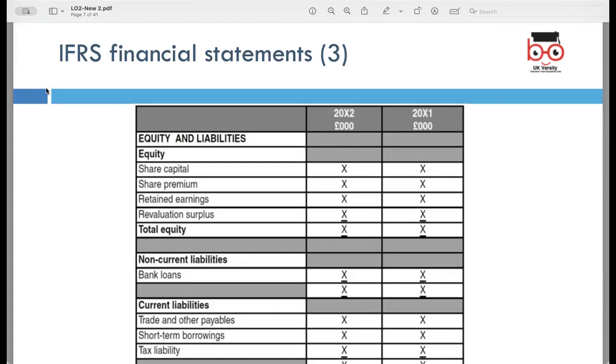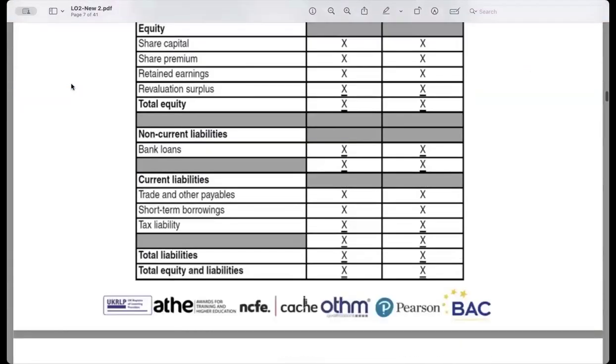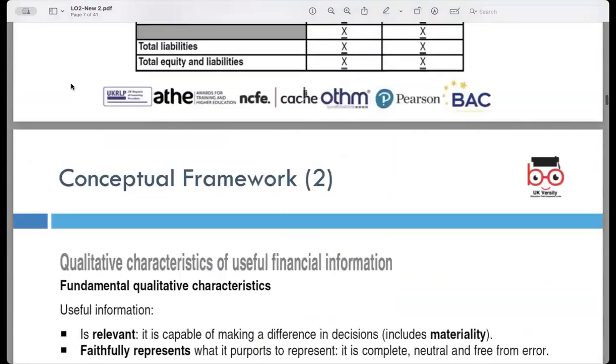The total liabilities figure is the sum of non-current and current liabilities. The total equity and liabilities figure must equal the total assets figure, maintaining the balance in the statement. Any questions so far?